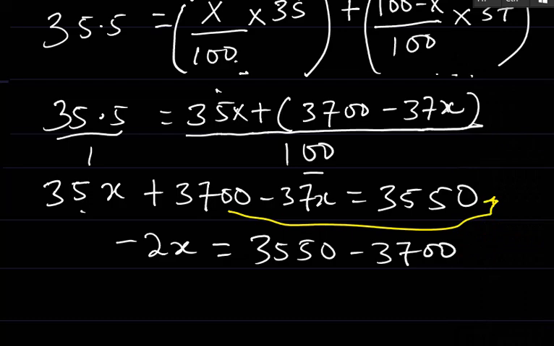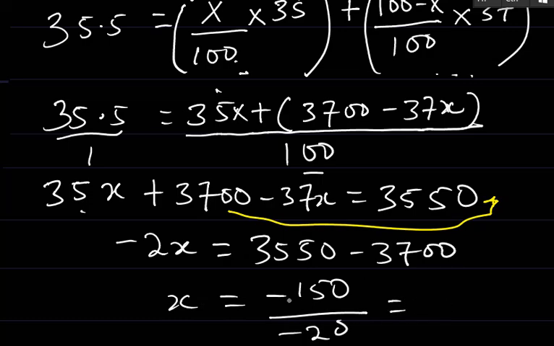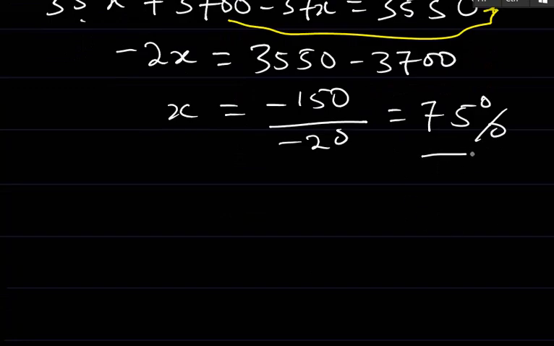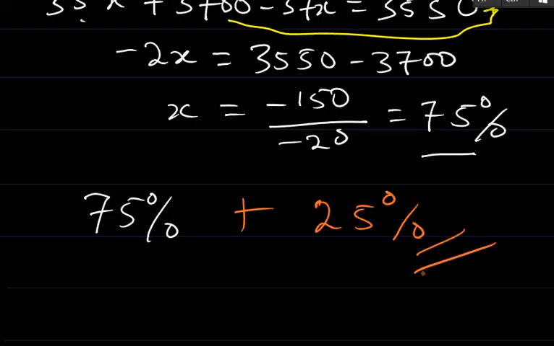So invariably, x is going to be equal to minus 150 divided by minus 2. If you do that, that's going to give 75%. So one of the isotopes is 75%, then definitely the other is 100 minus 75, which of course is 25%.